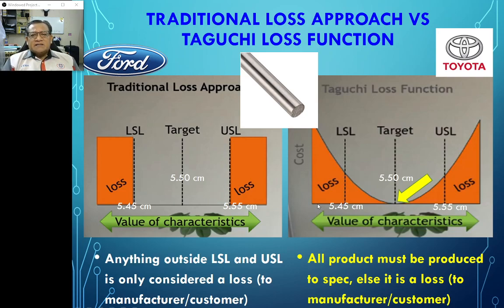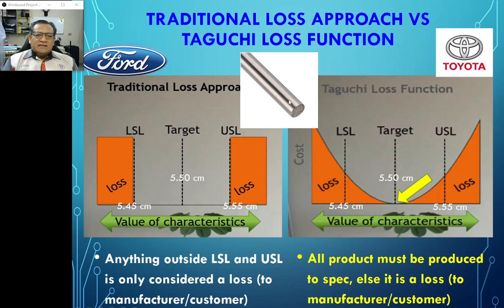So after time passed, Dr. Taguchi thought of another way of managing this kind of variation. If this rod is slightly bigger, it will still work with the customer's assembly equipment. However, it is kind of tight, so Dr. Taguchi thought that is not right for the customer. What if this iron rod is smaller, slightly here?